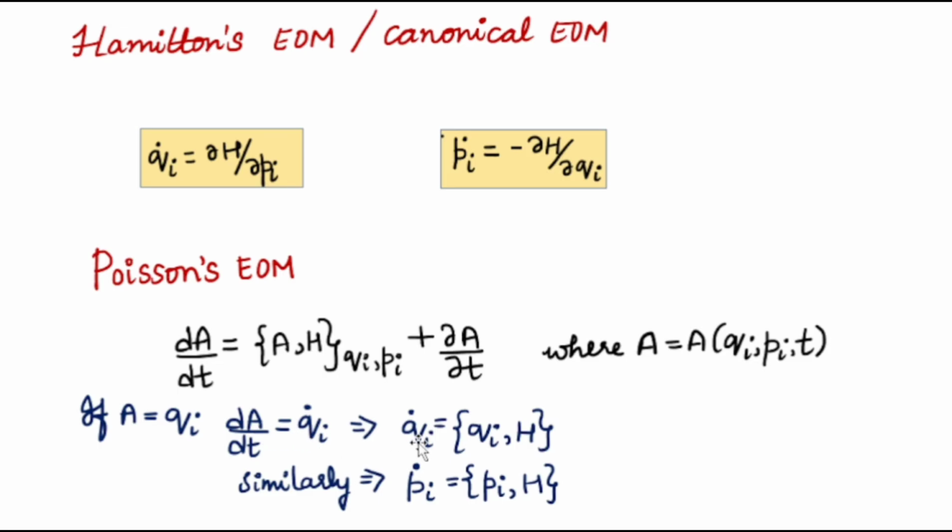So my generalized velocity will be the Poisson bracket of qi comma H. Similarly, if I substitute A to be pi, then the total derivative with respect to time will be pi dot, equal to the Poisson bracket of pi comma H, that is, generalized momentum comma Hamiltonian. This is also another form of Hamiltonian equations of motion.